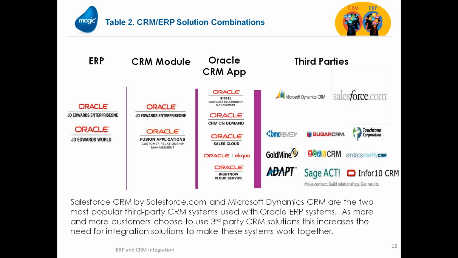So as we look at the ERP and the CRM modules that are available, the CRM applications that are available from Oracle and third parties, we can begin to see that already these choices create quite a complex number of possibilities for ERP to CRM functionality just within these two J.D. Edwards products that are part of the J.D. Edwards brand.